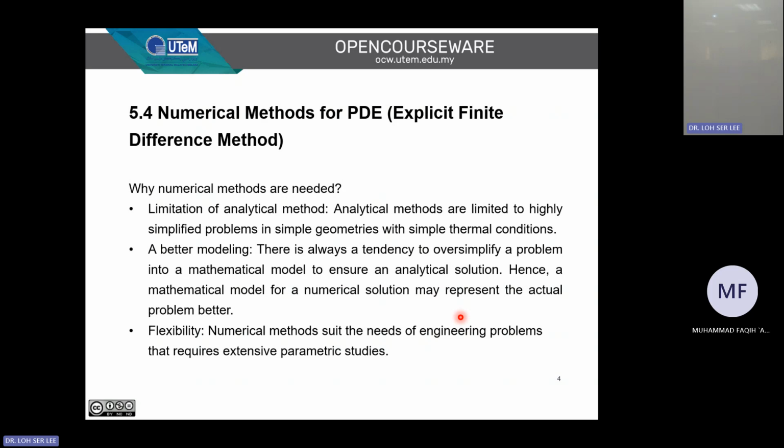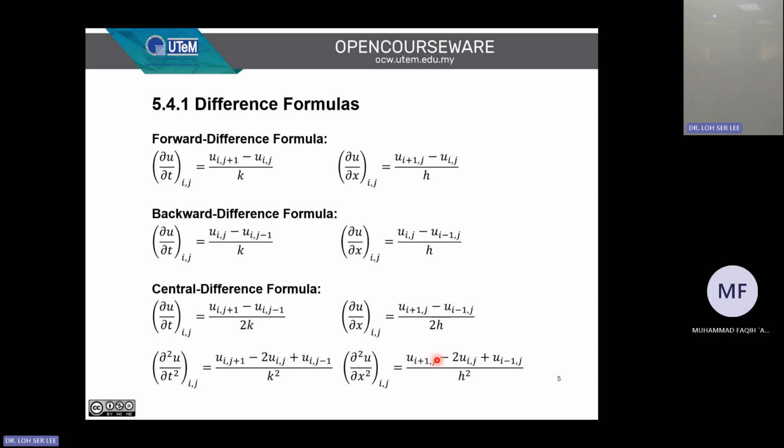In engineering problems, sometimes it requires extensive parametric studies. A parametric study means if a parameter is changed to another value, how it should affect the output. When it requires extensive parametric studies, the numerical method will be better and easier.